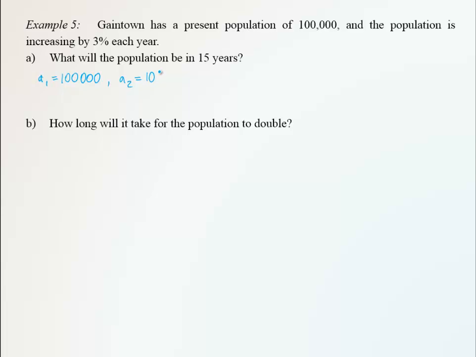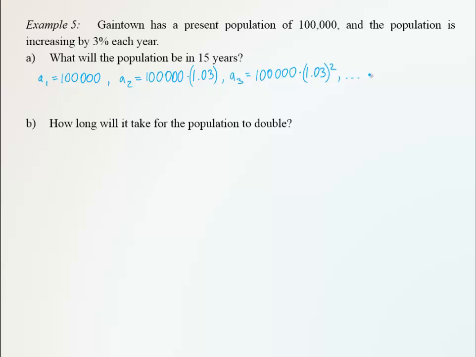So we multiply this 100,000 by 1.03. And the next year, A3, is 100,000 times 1.03 times another 1.03 because of the next year's increase. So altogether it is 1.03 squared.